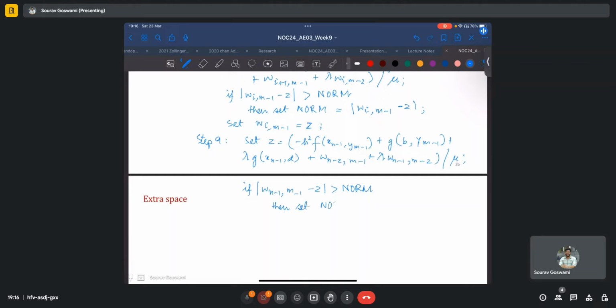Then set norm equal to this. Then again, update the value of w n minus 1, m minus 1. We'll do this a couple more times. Again, these are just the steps for a standard Gauss-Seidel iteration. If you have a pre-written function of the Gauss-Seidel, you can simply call it and use it.